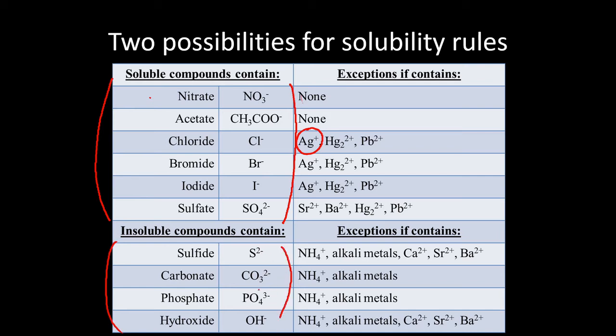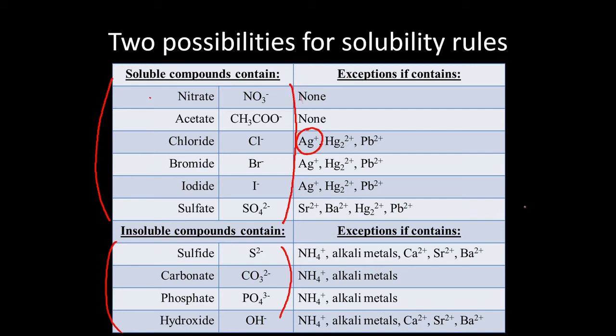So sulfide, carbonate, phosphate, and hydroxide are usually not going to dissolve, but there's a few more exceptions here than we had with the ones that are generally soluble. So ammonia is an exception for all of these, as is all of the alkali metals.